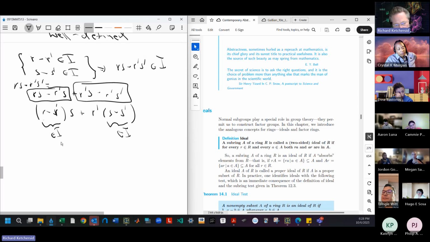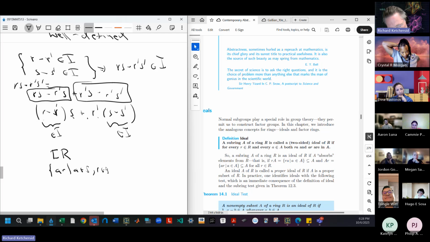So what I need is that something in I times anything in the ring plus something in the ring times anything in I is in I, right? So what I need here is I times anything in the ring. Remember this notation is just the set of all AR, where A is in I and R is in R, right? So it's just the product of all those things.